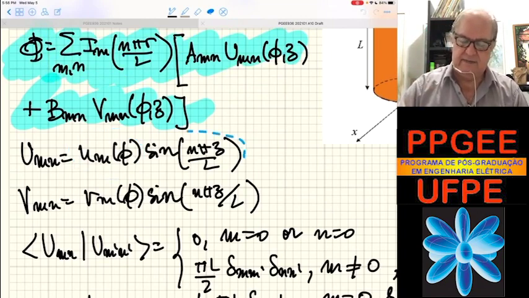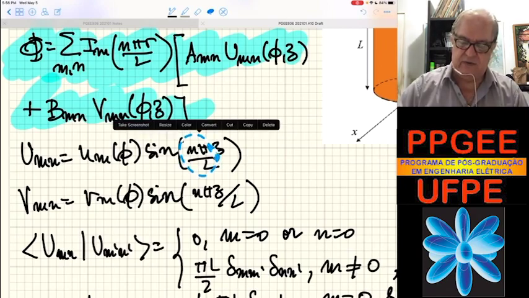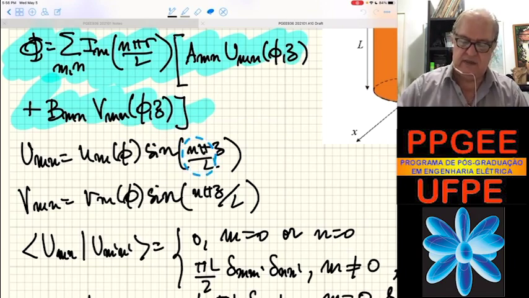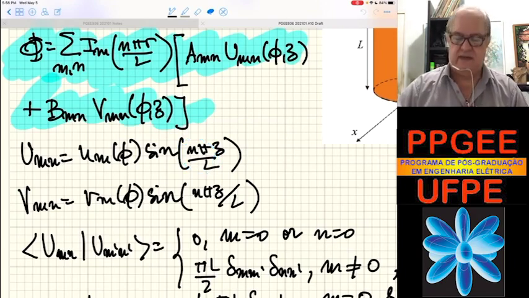Sine times sine in z. Well, why is that? Because that's the function that has multiple roots. This function has 0 at z equals 0 and z equals L. Okay? So you do that homework to make sure that you find that solution.